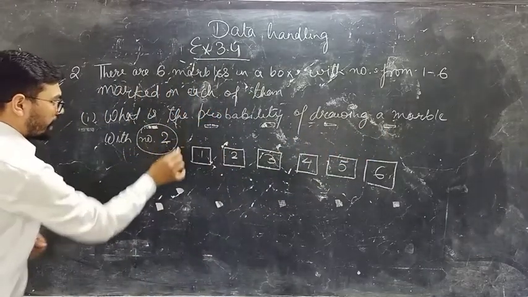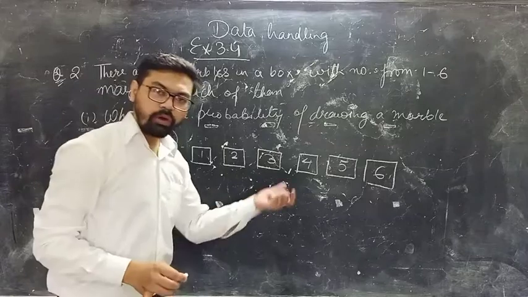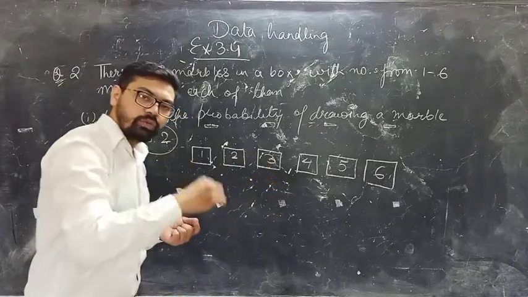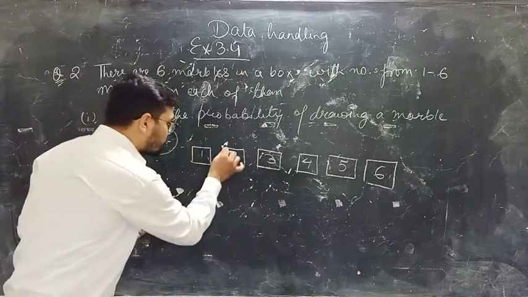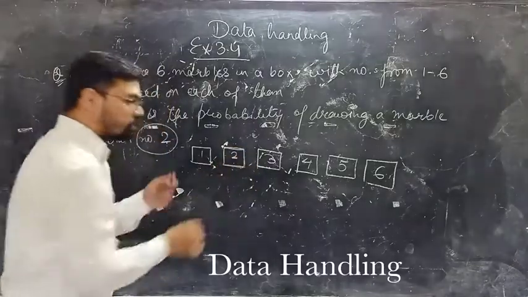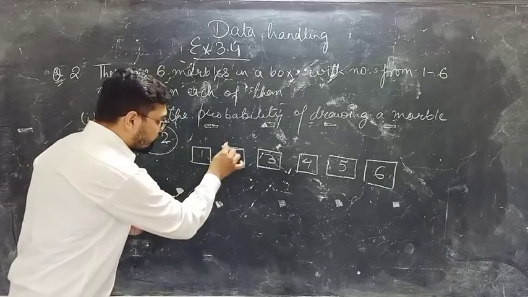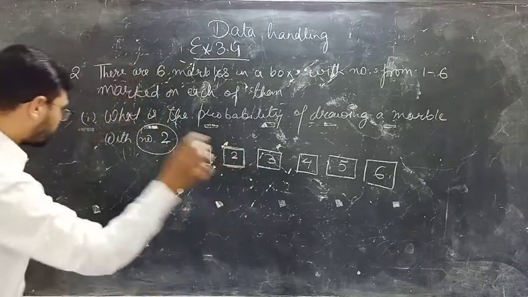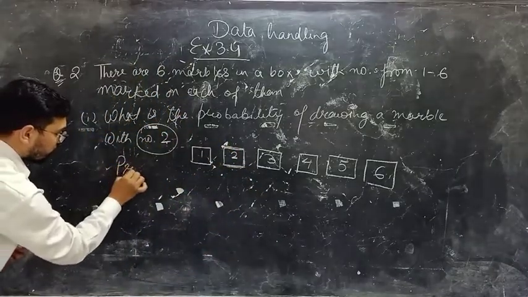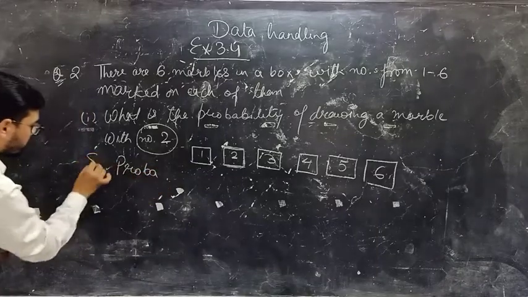So you need to calculate the probability of getting a marble on which 2 is marked. That means there is only one condition, there is only one chance, there is only one event where you can draw this. Probability. This is the solution.